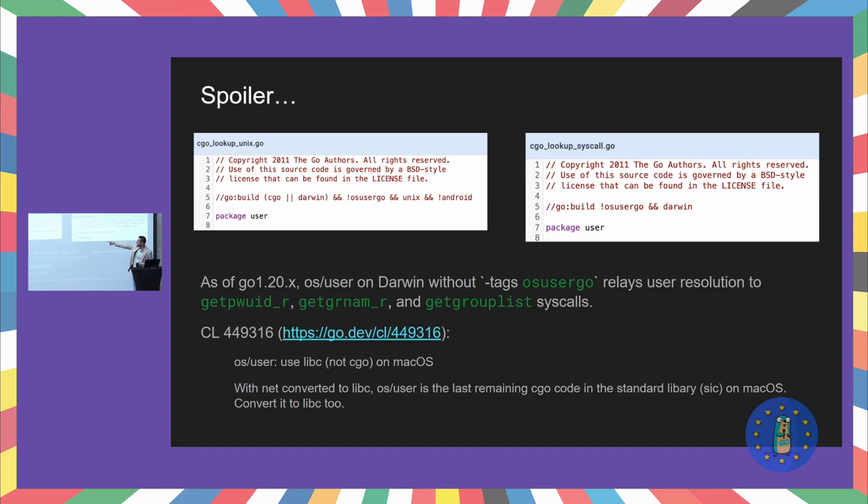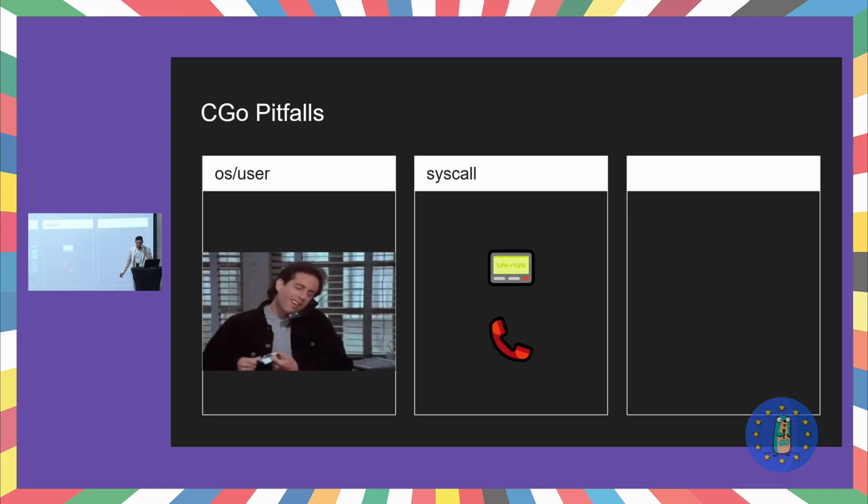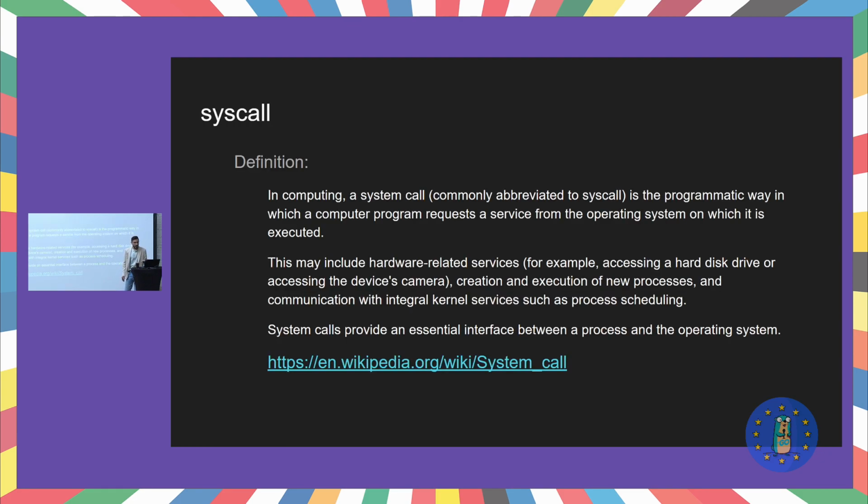You see the special tag for cgo, darwin, not osusergo, and the same here. This is where I skipped to syscalls, because now we have to investigate: do syscalls require CGO enabled or disabled? And if not, how does it work if I disable CGO, but syscalls are done through the libc of the operating system? Now, first, we have to be all on the same page.